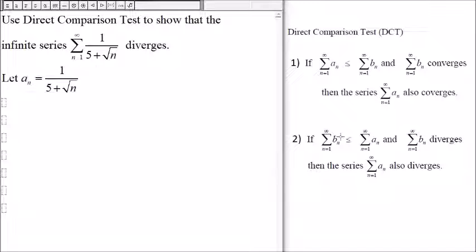And then in the previous examples, we normally would just drop the constant. If we drop the constant, we just get 1 divided by the square root of n. So 5 plus the square root of n is greater than the square root of n. Therefore 1 divided by 5 plus the square root of n is less than 1 over the square root of n.